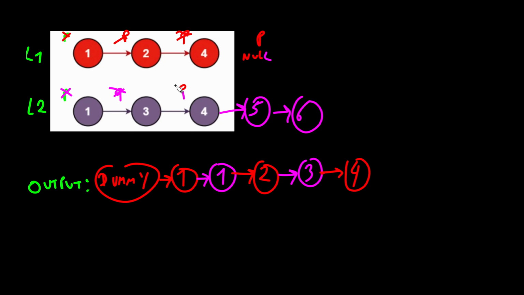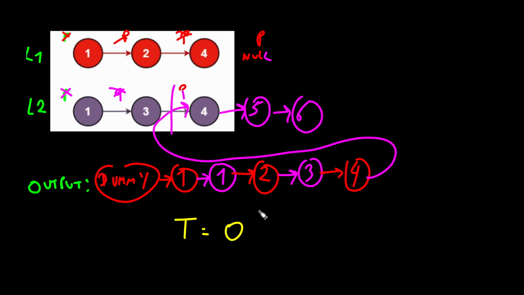We can take the remaining of the other list and simply append it at the end of our output. So in this case, after 4, we could have this whole portion. Time complexity for this solution is big O of n plus m, where n is the size of list 1 and m is the size of list 2.